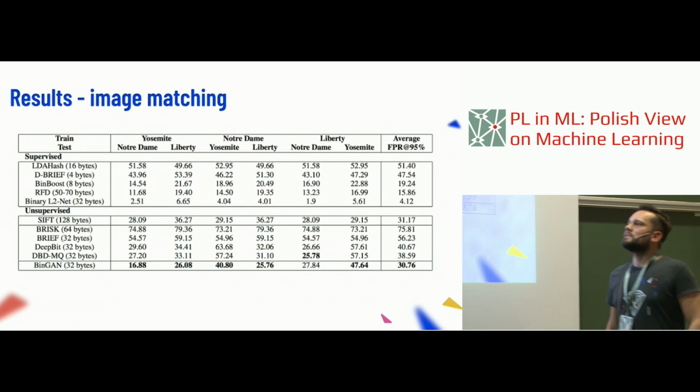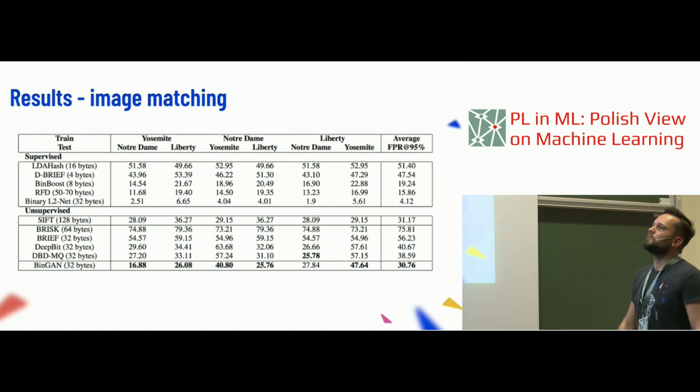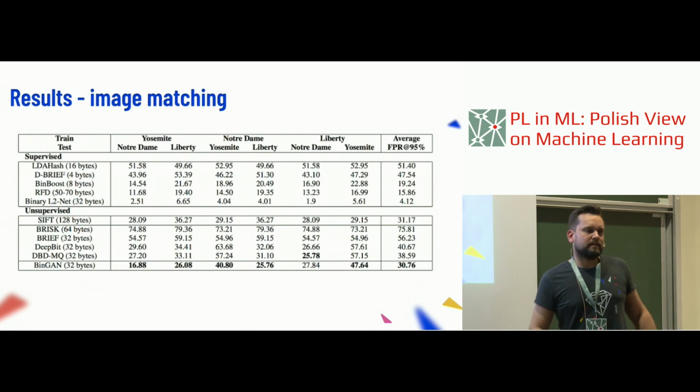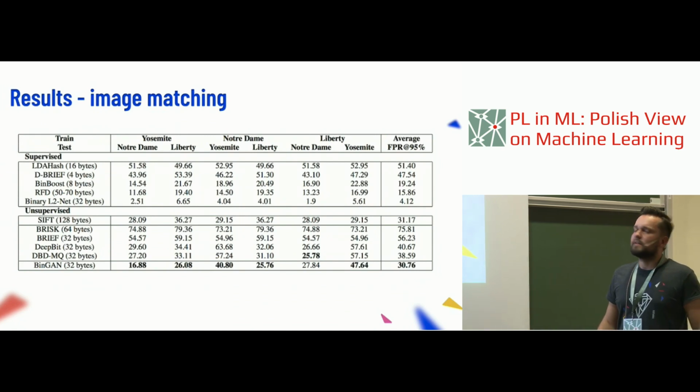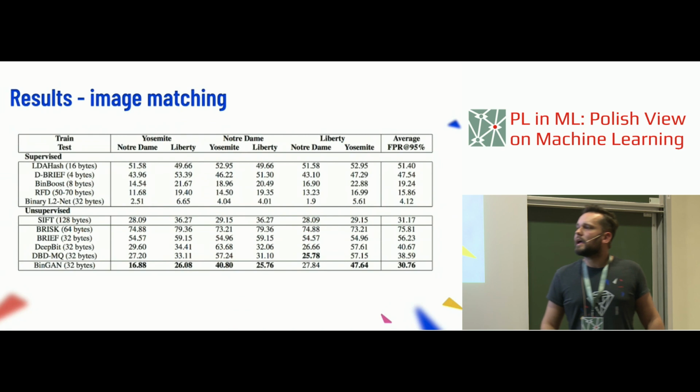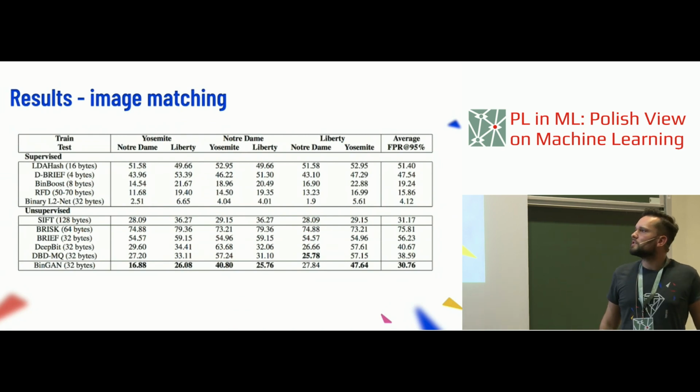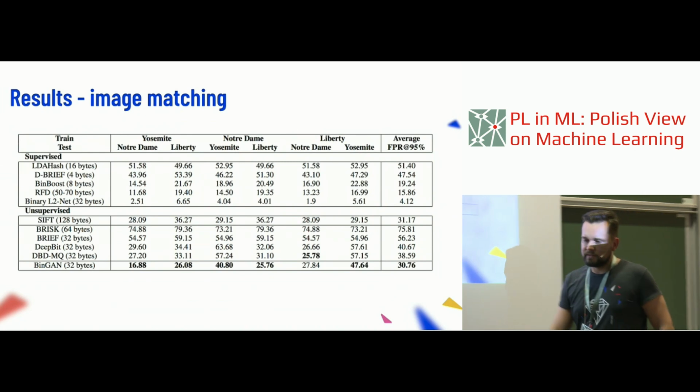Here we present some results. The results were conducted on the Brown dataset, and it was a task related to image matching, and as a quality criterion we used the false positive rate at 0.95 true positive rate. And as you can see, the results are quite nice compared to the unsupervised reference methods.